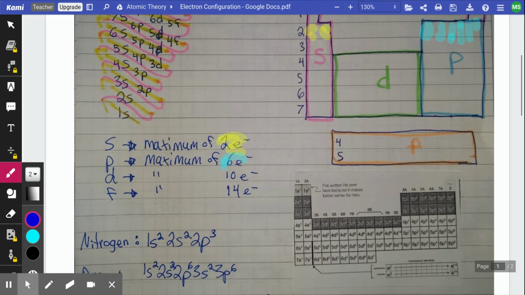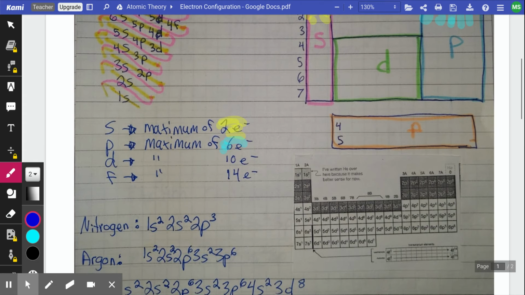Now, another thing I want you to look at in this note: I have provided you with a page that you can print out of this periodic table that you see, because it is showing you the exact position of all of the electrons.